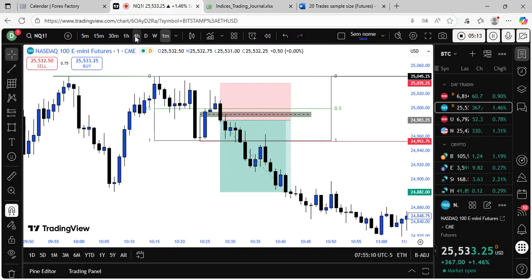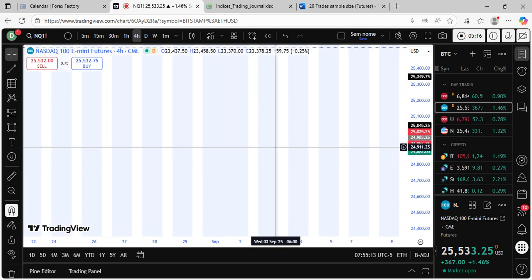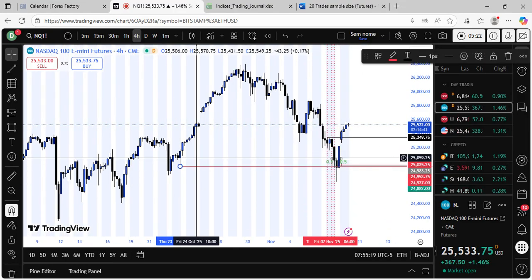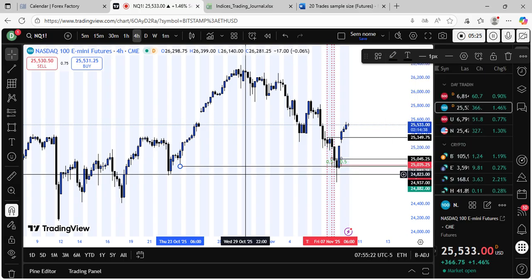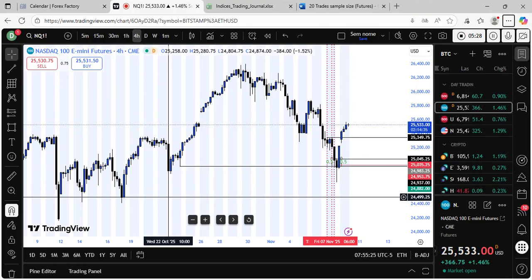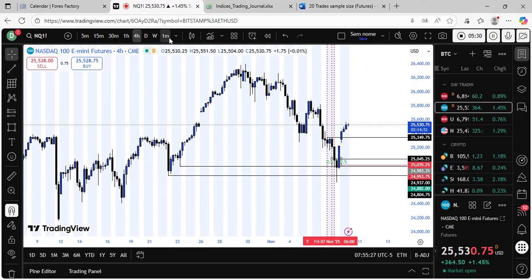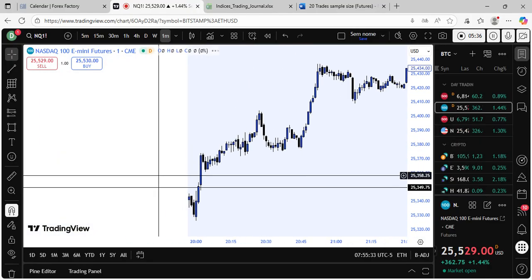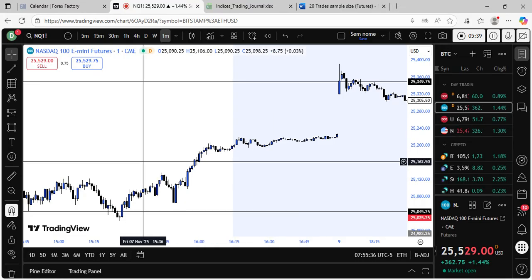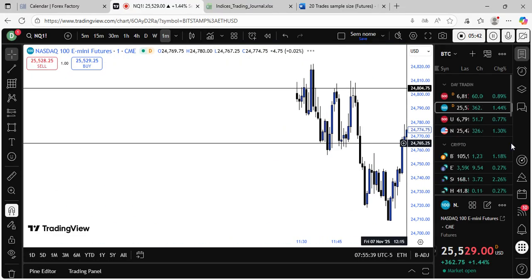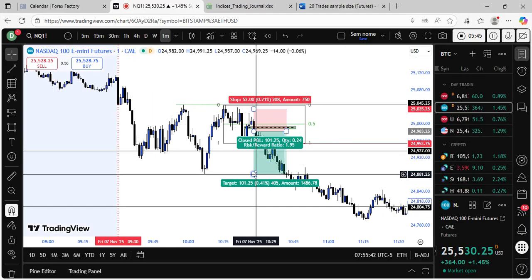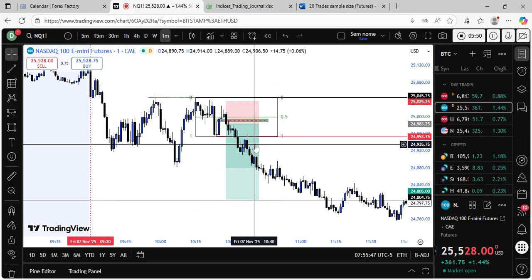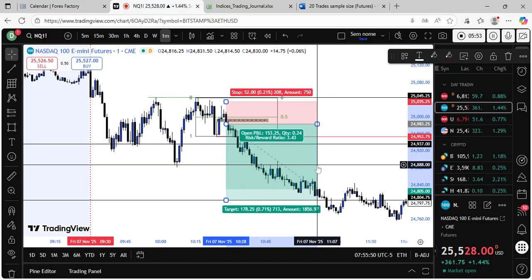If we want to extend the take profits, we could have looked to the left. Right here we have these 4-hour lows and these daily lows, which could have been draws on liquidity that we could have targeted. Boom, 3.4 risk to reward ratio.